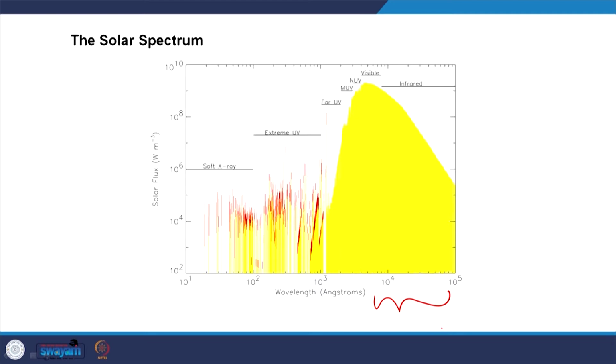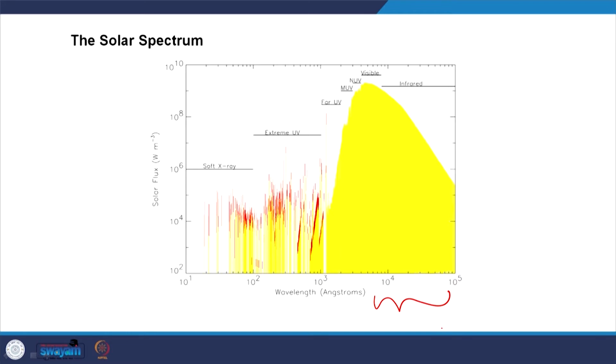We have seen this aspect while discussing the structure of the atmosphere and the structure of the sun. But on the other hand, X-rays, ultraviolet, far ultraviolet and near ultraviolet radiation have the ability to ionize atoms and dissociate molecules.